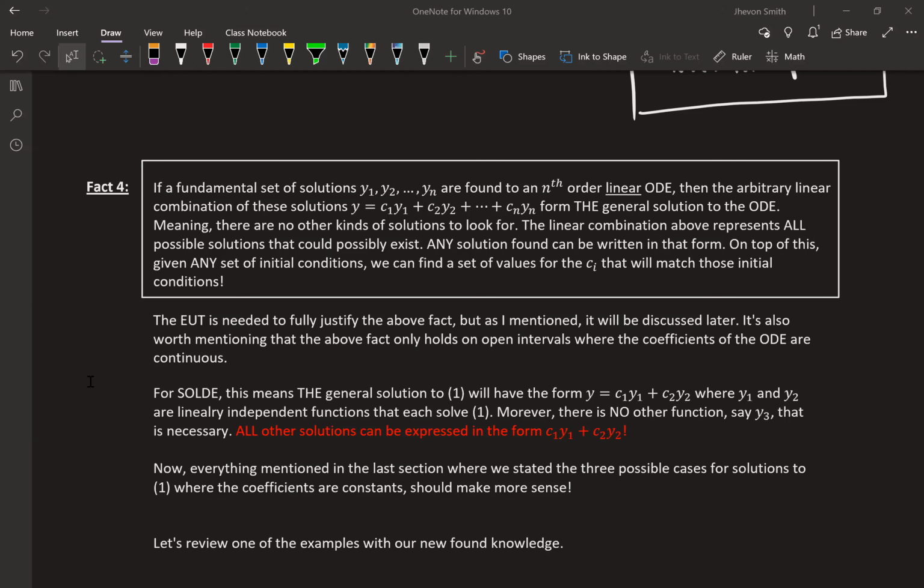On top of this, I want you to understand that once I find those three solutions whose Wronskian is not 0 and solve the third order ODE, then there is no fourth type of solution. There's no fourth solution that is linearly independent of all the previous three and at the same time solves the differential equation.